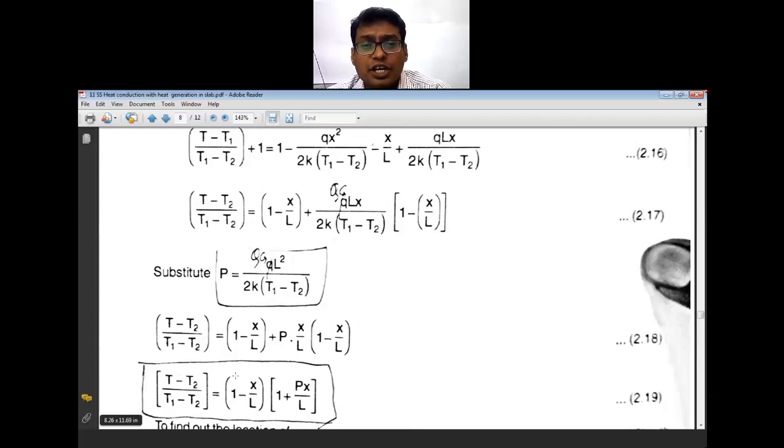So this is the general temperature distribution incorporating this value of P. You can write all the details related to the P also. This is one way of simplification.